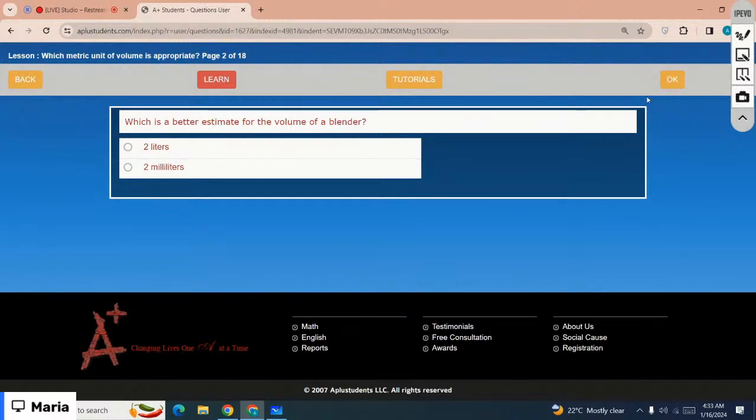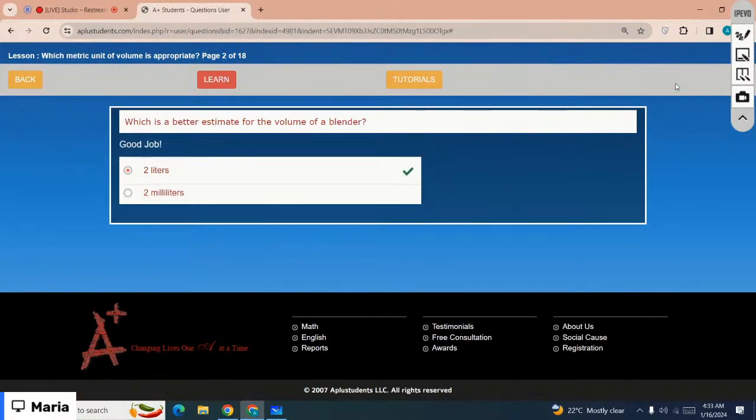That is just a blender, right? It must be 2 liters, not milliliters, because a milliliter is too small for the blender.